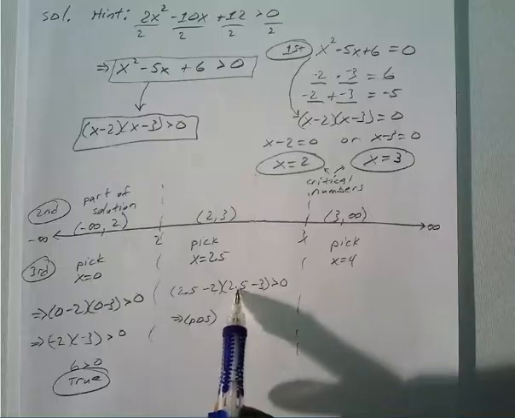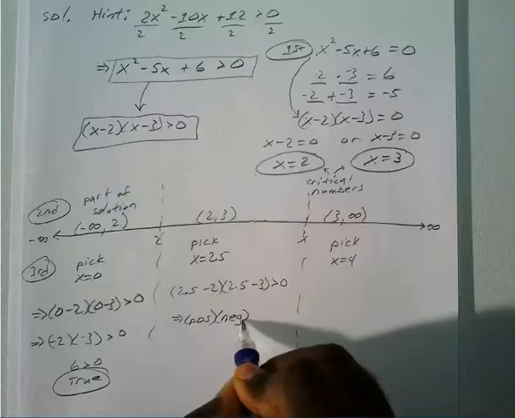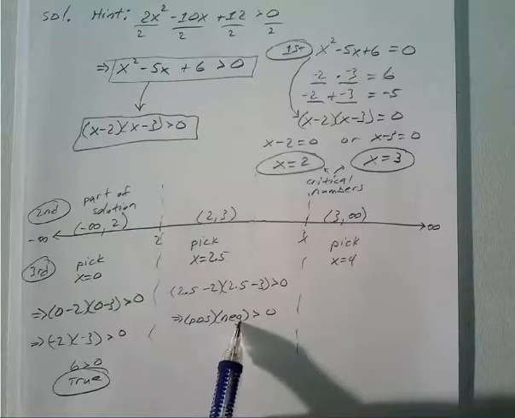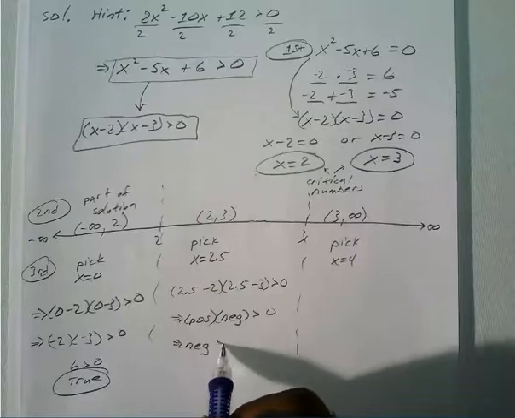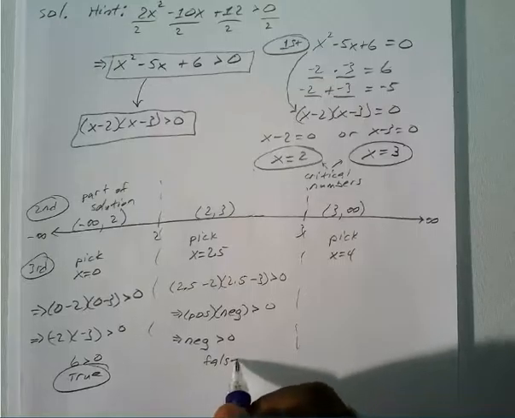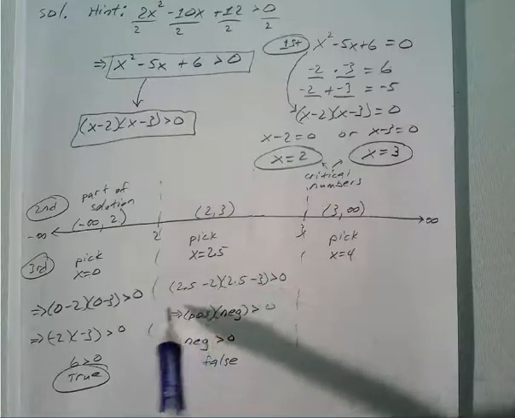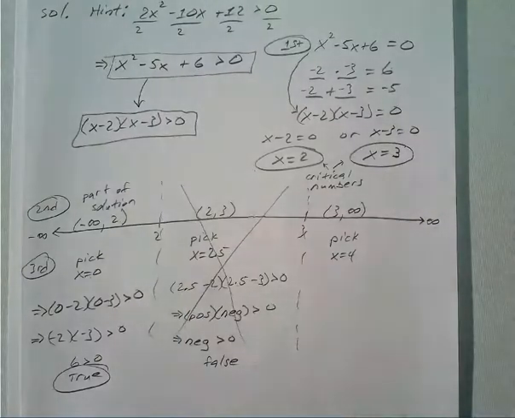Here we see 2.5 is smaller than 3, so 2.5 minus 3 will give us a negative number. A positive number times a negative number will give you a negative number. So you have a negative number is greater than 0, which is false. That's a little shortcut if you end up with a decimal and you don't feel like doing all of that. That's false, so we know that that's not part of the solution.